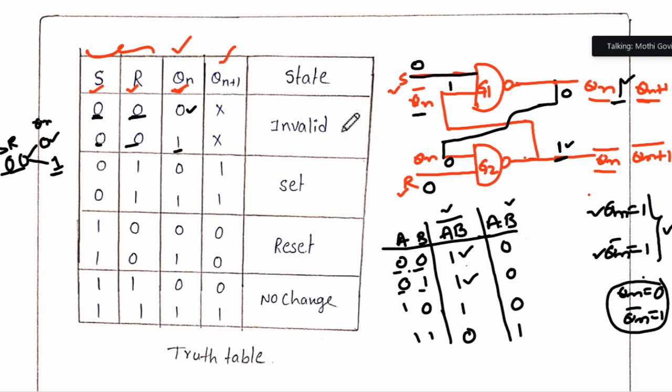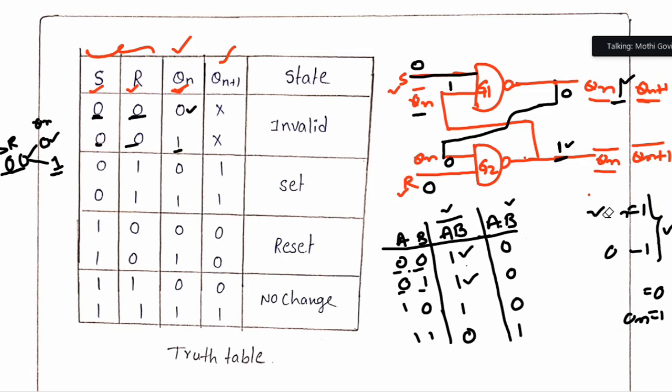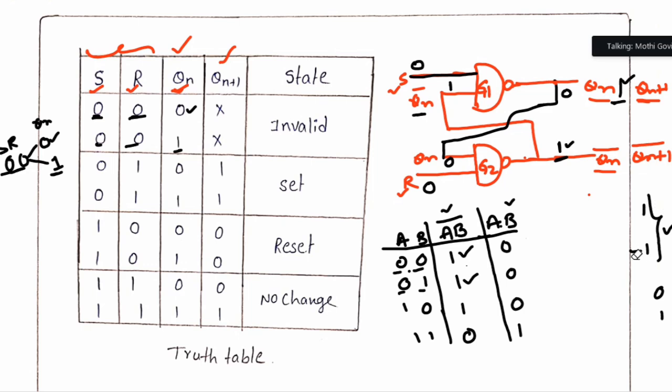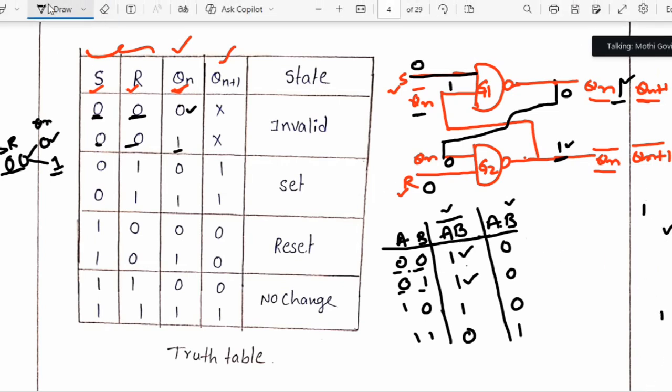Okay, let us go with another example for understanding. Now I gave 0 0 as my input, s equal to 0, r equal to 0, and I'm assuming my past output is 1.